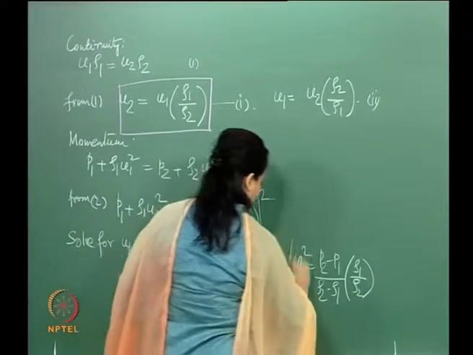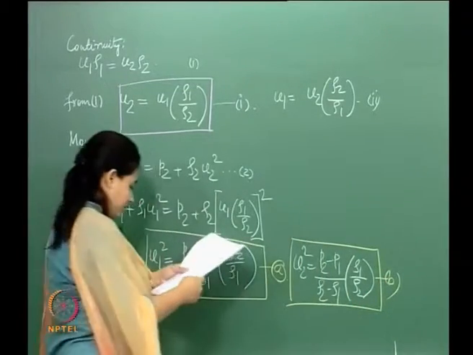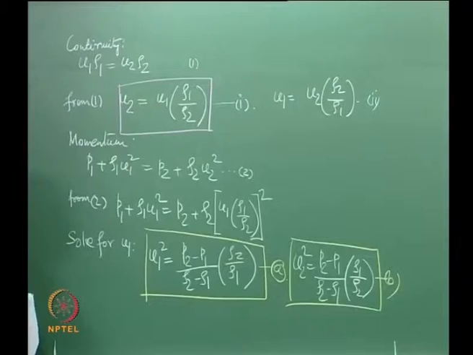Okay. Right, so this is what we get for u1 and u2 square.